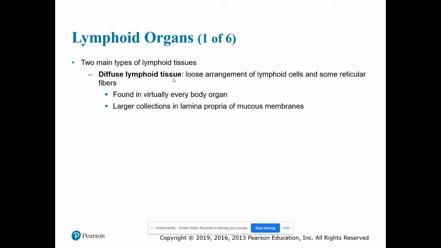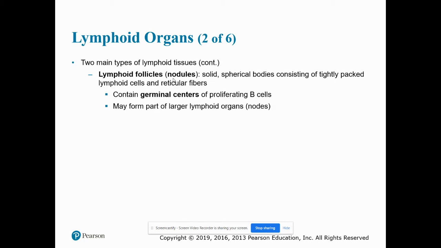There are two main types of lymphoid tissue. There's diffuse lymphoid tissue. This is a loose arrangement of lymphoid cells and some reticular fibers. This is found in virtually every organ of the body, and larger collections are found in the lamina propria of mucous membranes. The other main type are lymphoid follicles or nodules.